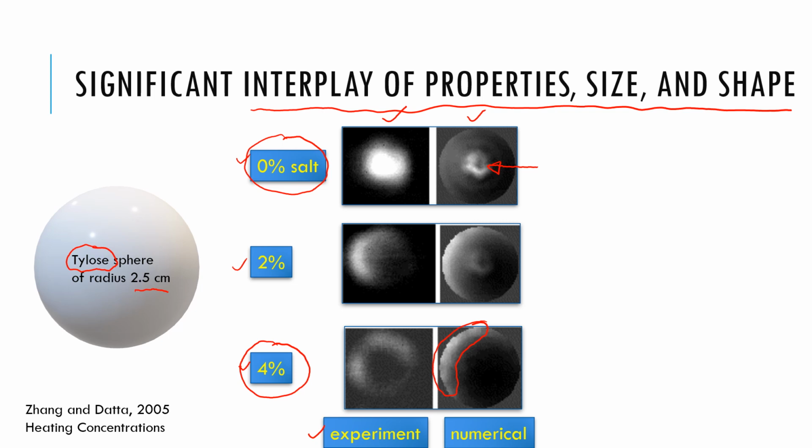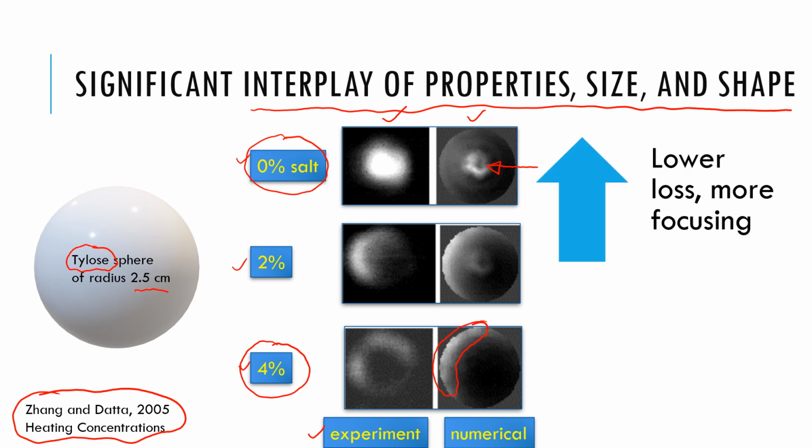So again, to repeat, there is significant interplay of properties, size, and shape in producing the range of energy deposition that happens inside the food, or they all contribute towards the heating non-uniformity that we see in the microwave oven. If you're interested in details of these pictures, you can go to this paper.